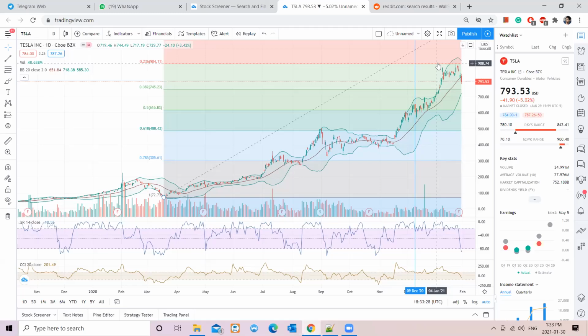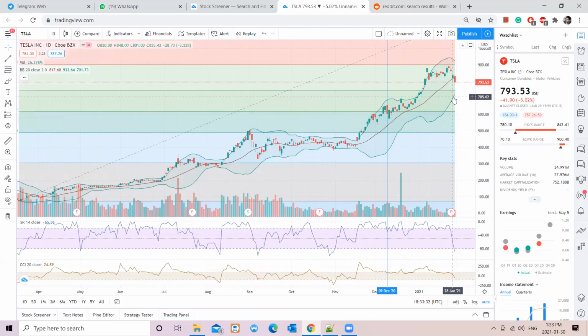It could have that much upside in the next uptrend. So if I buy around 720, like Mr. Vivek said, maybe at around 850 I'll sell some positions and keep the remaining position for 1000.